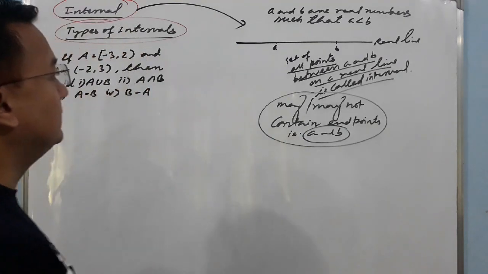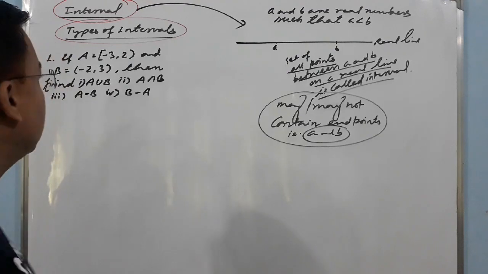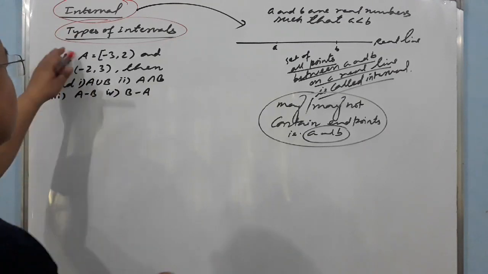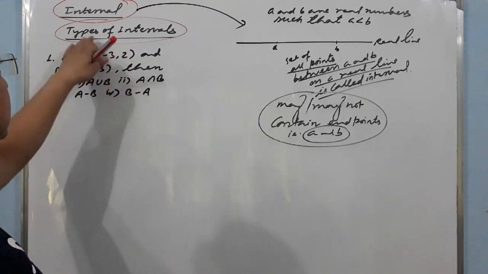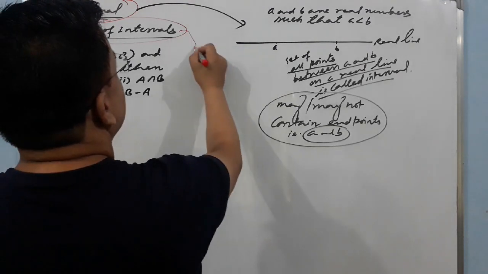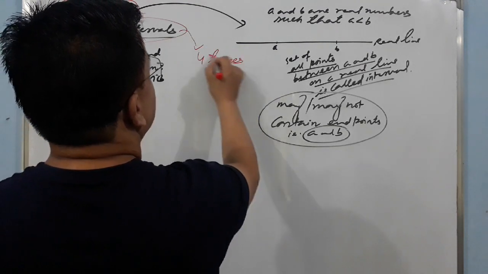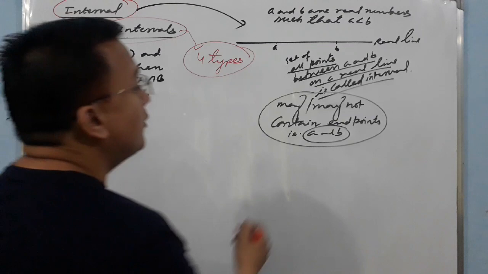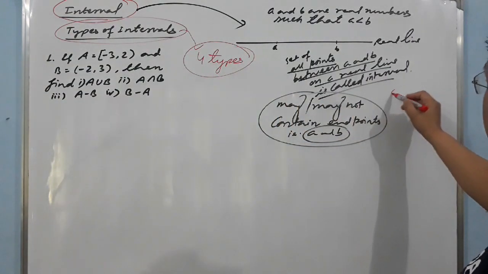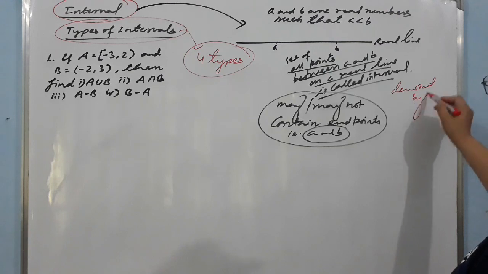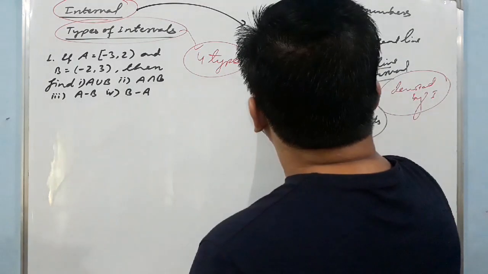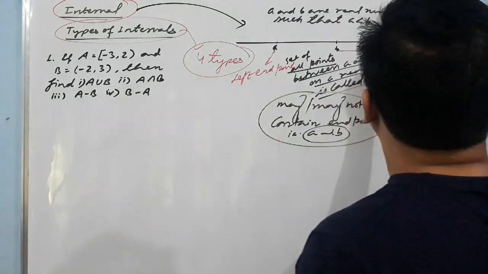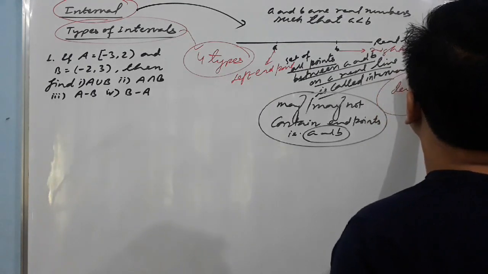According to containing or not containing the endpoints, we have divided intervals into four types. One more thing: an interval is denoted by I. A is the left endpoint and B is the right endpoint.